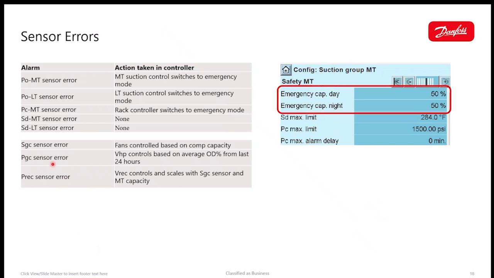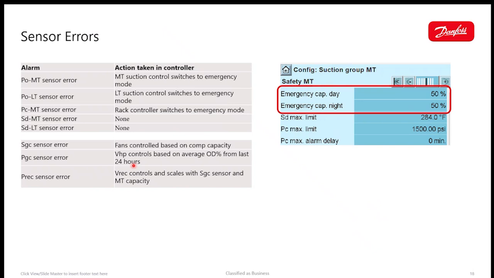And then on our gas cooler pressure transducer, if that fails, the pack controller is actually monitoring the average opening degree from the last 24 hours. And whatever that average opening degree is, we'll just force the high pressure valve to that position and leave it there. Really not easy to get a perfect situation here when we're in these states.